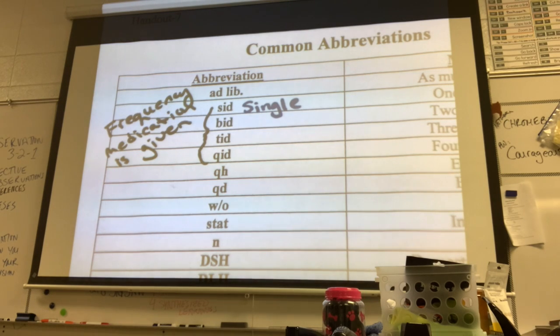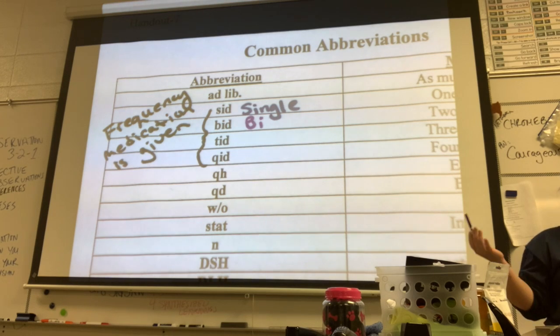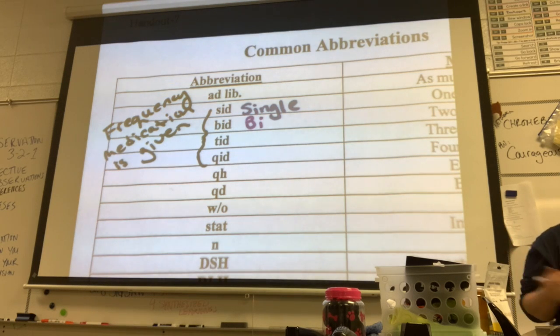All right, cool. Then BID, I want us to think bi. How many numbers is that? 2. All right, cool. So S is for single for 1. The BID is for bi, which is 2.